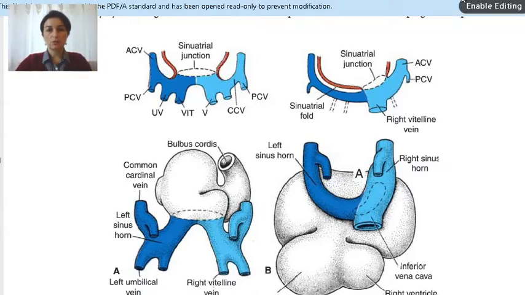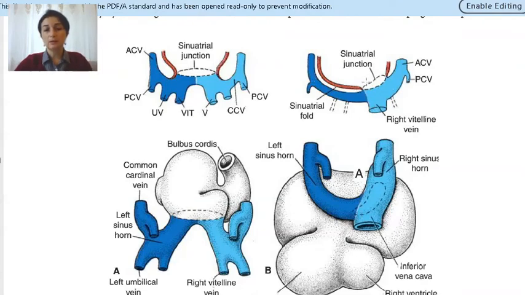Then in the 4th week there is a shift of the blood from the left side to the right side, and as a result the left vitelline vein and the left umbilical vein undergo obliteration, and the common cardinal vein also undergoes obliteration.